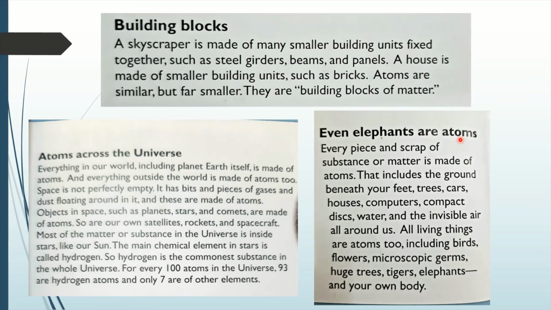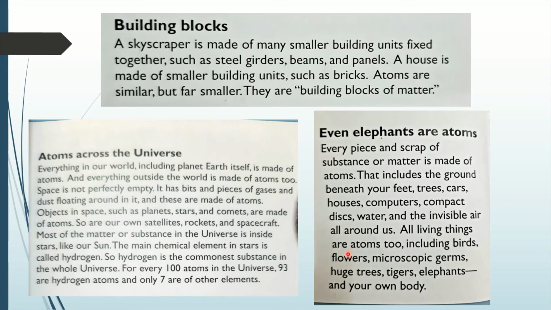Even elephants are atoms. Every piece and scrap of substance or matter is made of atoms. That includes the ground beneath your feet, trees, cars, computers, compact dust, water, and the invisible air all around us.